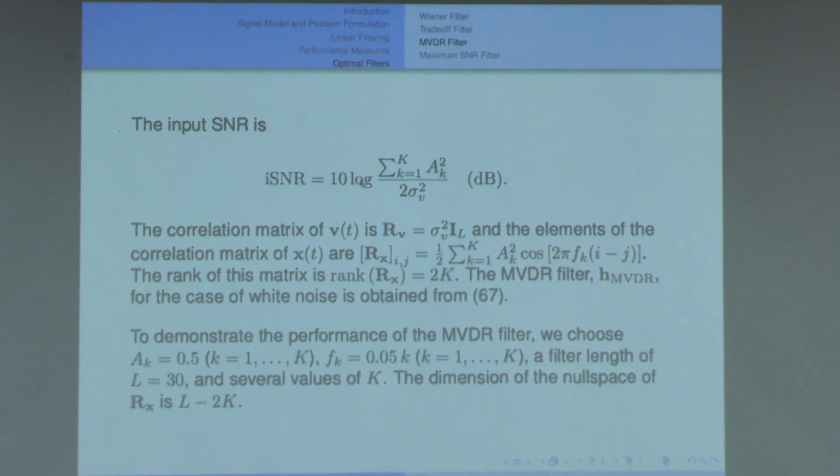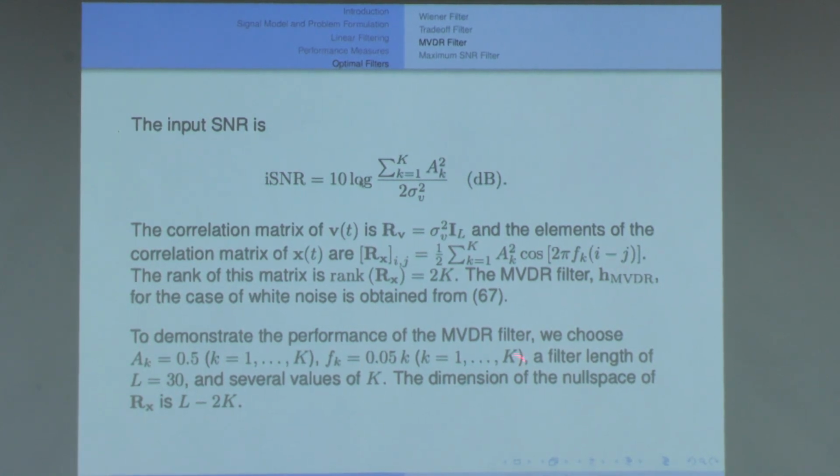No effect, right? Why no effect? K doesn't change the distortion because the distortion is 0. MVDR obviously has 0 distortion. So K doesn't affect the distortion, but it does affect the noise reduction.